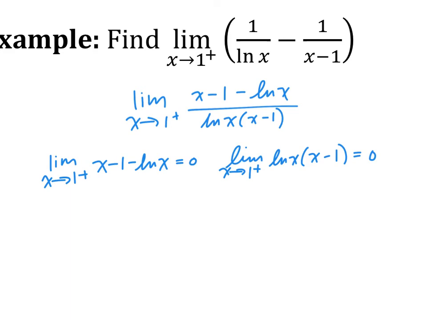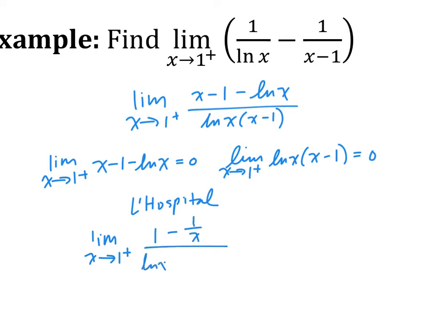All right, L'Hopital's rule. Taking the derivative: 1 minus 1 over x, over natural log x times 1 plus x minus 1 times 1 over x.